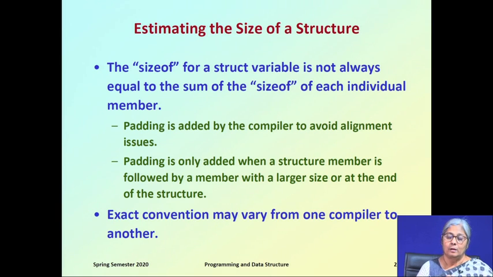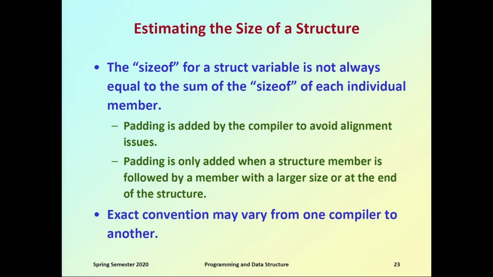Now, how can we estimate the size of a structure? If you remember, C provides the integer type, float type and character type, and depending on the compiler, how many bytes one integer variable will require or one floating point number will require, that is already defined.